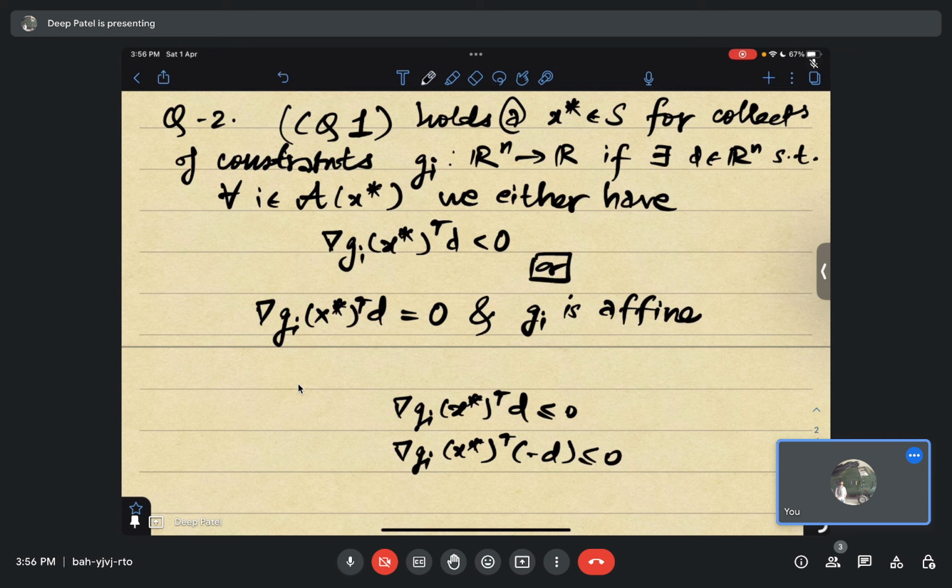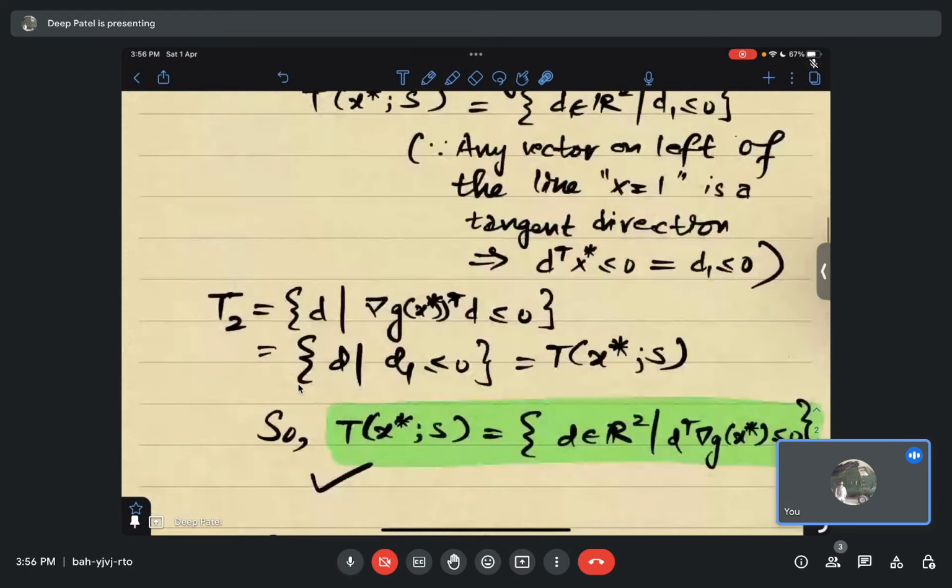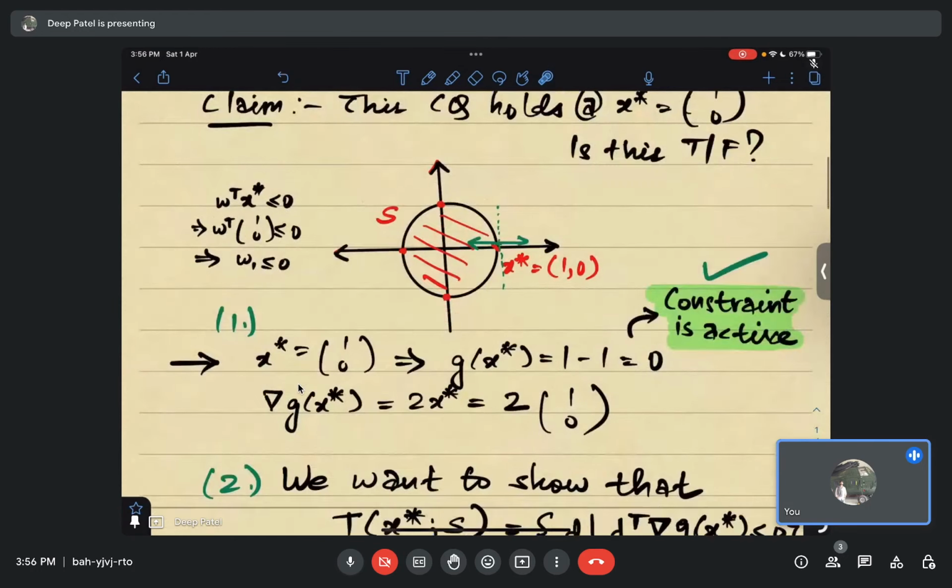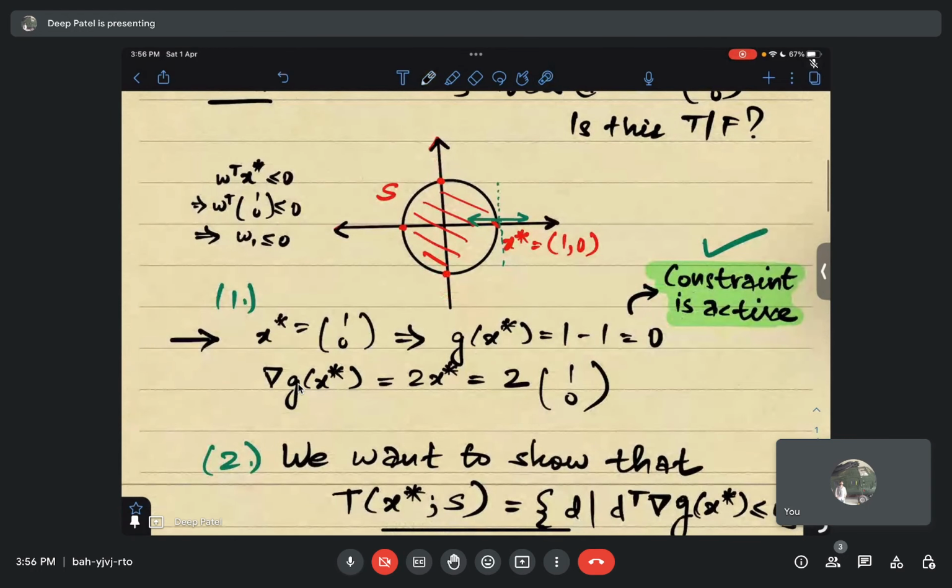It doesn't mean that we are in the interior. It's just saying, for example, here in this case, it just so happens that I'm not allowed to go along this direction. Let me rephrase that. What I'm saying is this direction is not included.